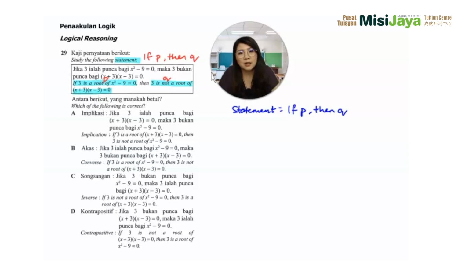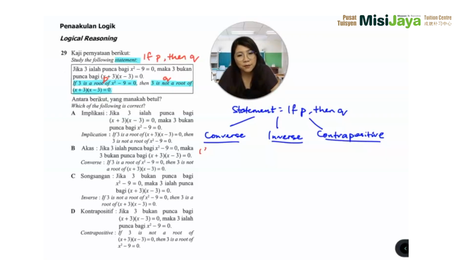The first is converse, second is inverse, and third is contrapositive. Converse means if Q, then P. We just swap it around, so we mention Q first and then P. For inverse, if not P, then not Q. And contrapositive is if not Q, then not P.